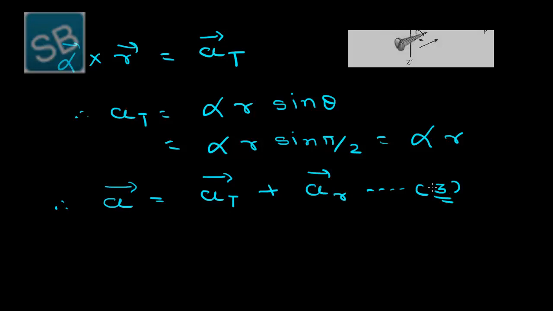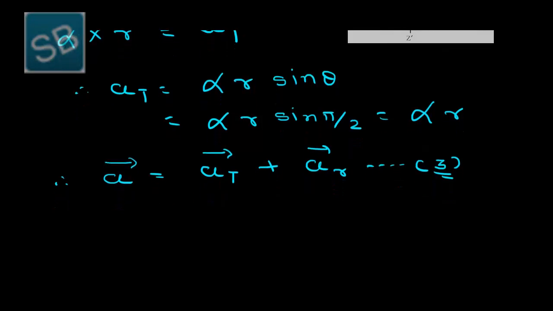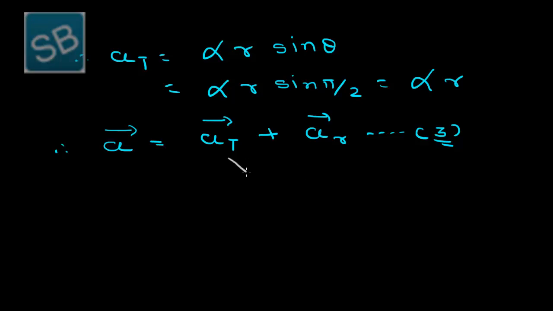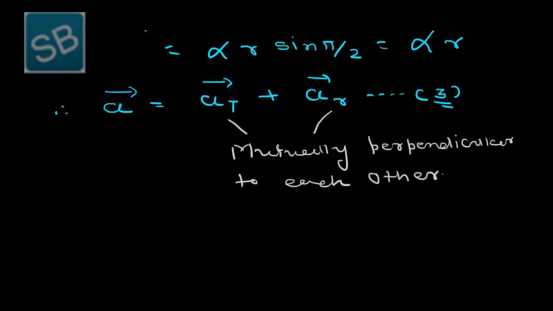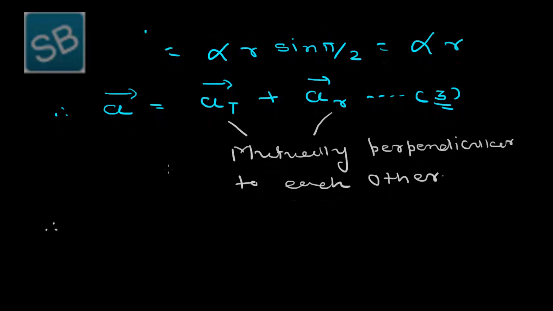And if you want to find out again the magnitude of A, for which this tangential component and radial component are mutually perpendicular to each other, the magnitude of acceleration is given by the square root of AT square plus AR square.